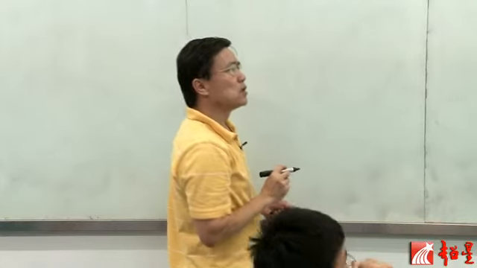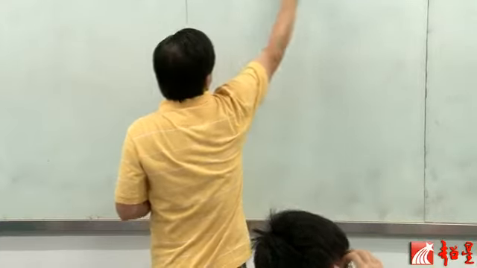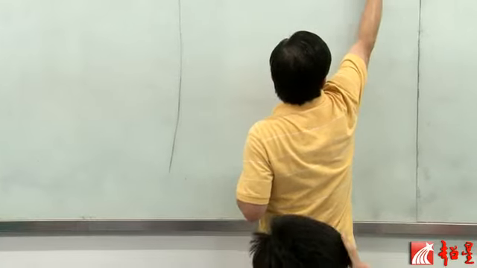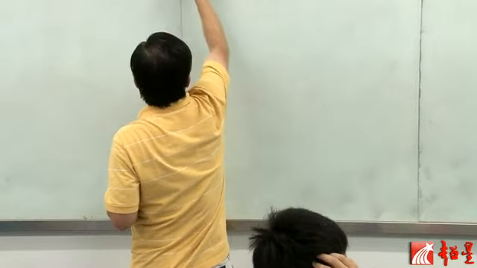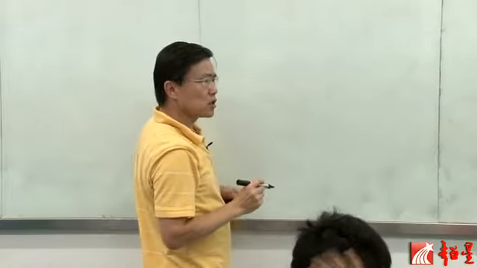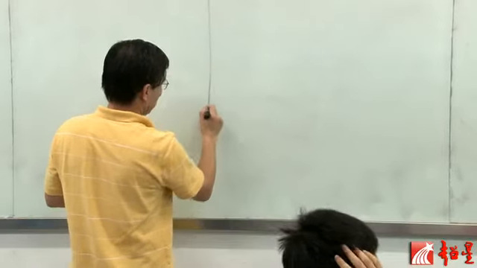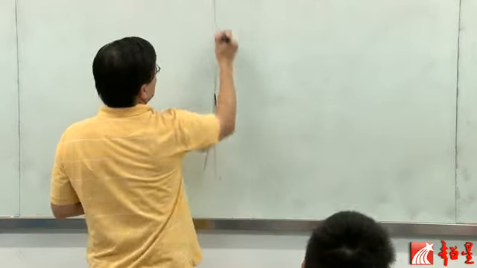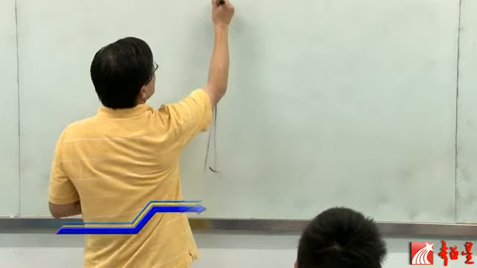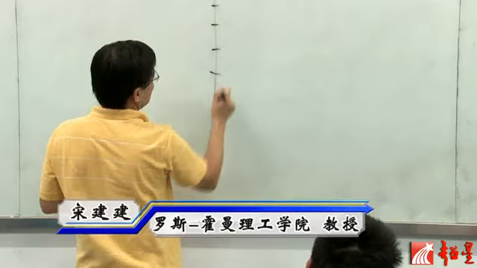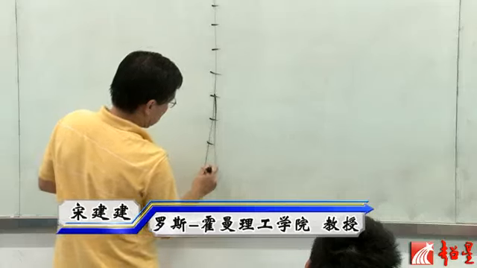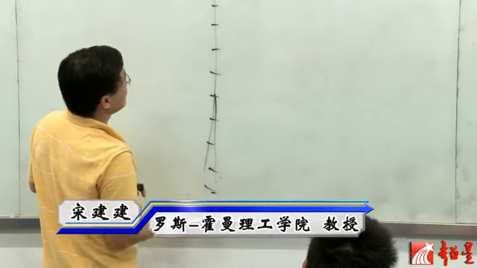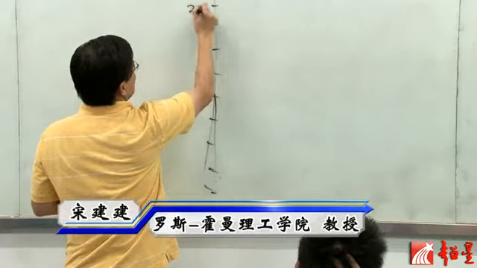We have 30, so this is 30 nanoseconds. This is distance. Then we go all the way to 100, so I need to divide this into 10 pieces more or less. So this is 10 nanoseconds, 20, and so on.